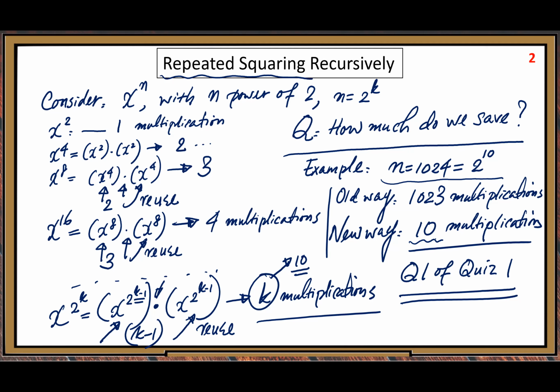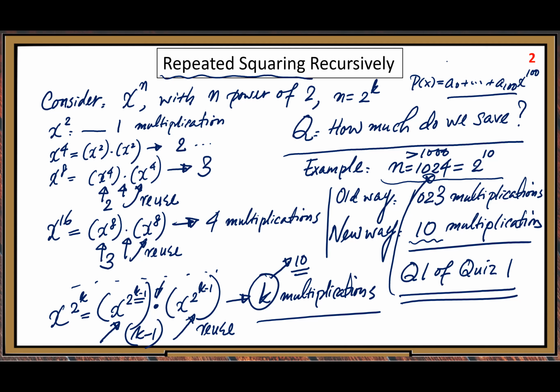Look at this example. When you try to answer question number 1, use this example. Here the degree is greater than 1000. But think about a polynomial a0 plus a100 x to the 100.